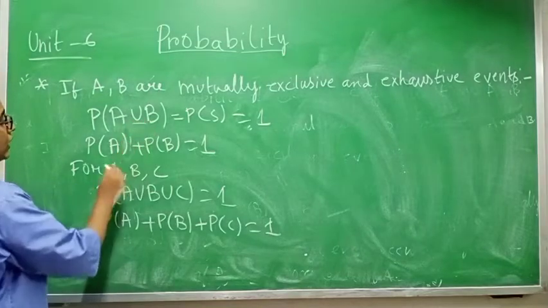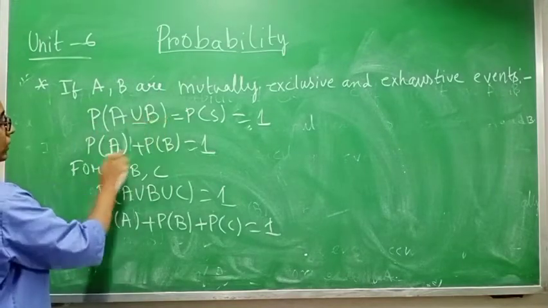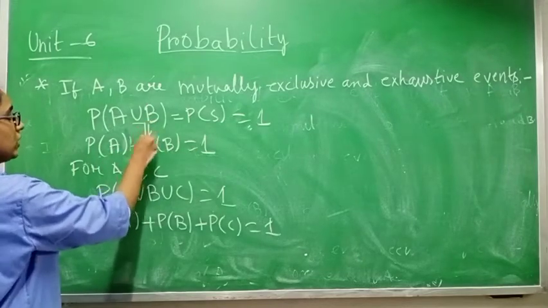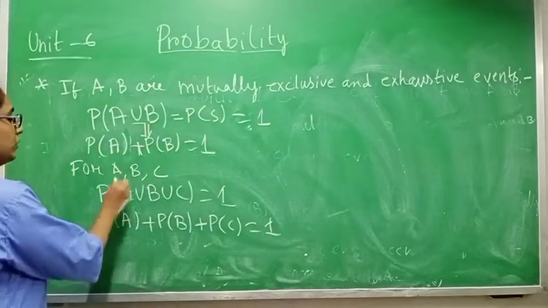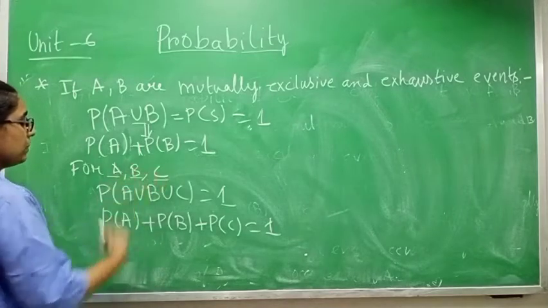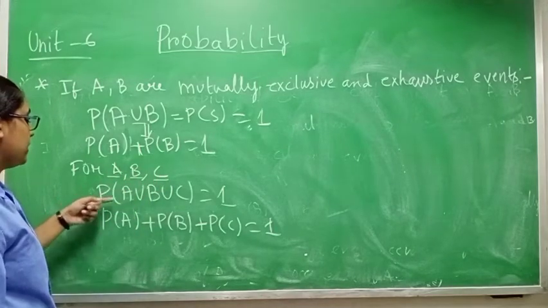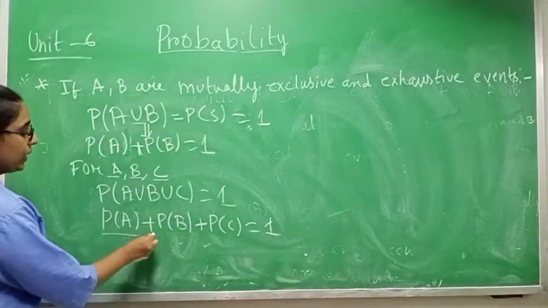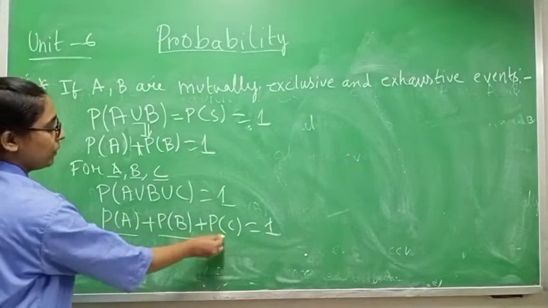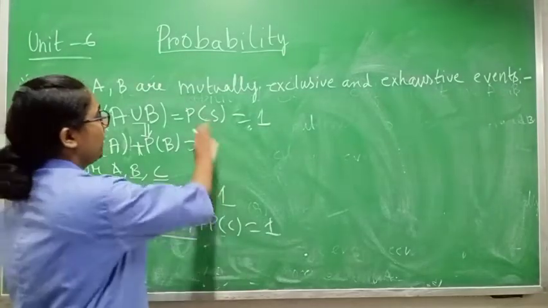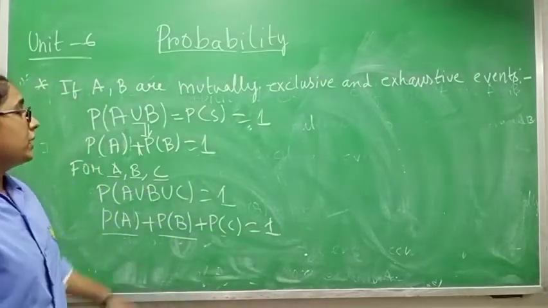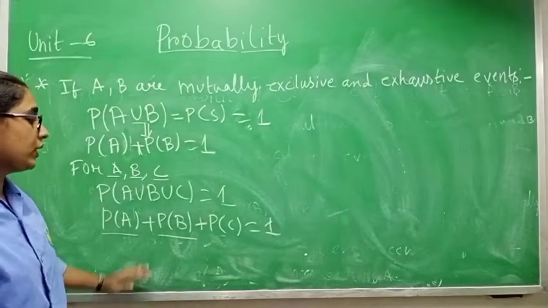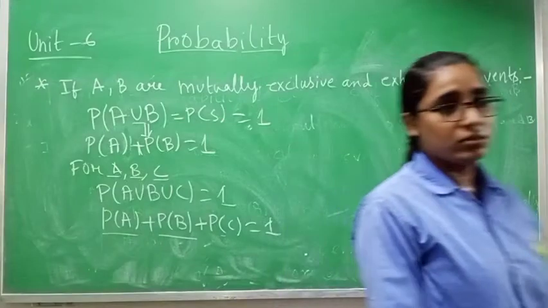Whenever you have union, you can break it in plus form: P(A) plus P(B) equals 1, so it is coming from here. Now if we have three events A, B and C, then P(A union B union C) equals 1, meaning probability of A plus probability of B plus probability of C equals 1. You can write P(S) also; when we do the sums, we will use this probability of sure event. Okay, complete up to here.